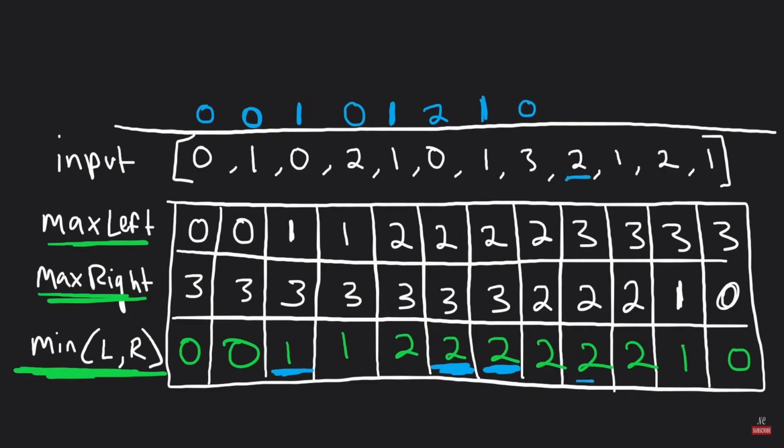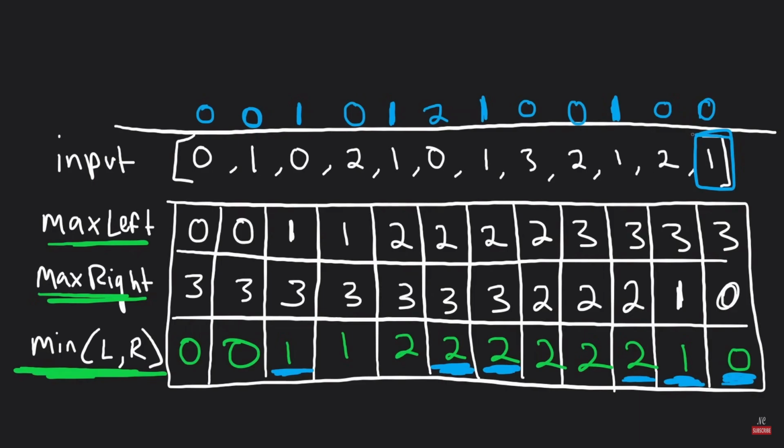This is going to be 2 minus 2. Again, 0 water that we can trap here. 2 minus 1, that's 1. So we can trap 1 unit of water here. Here we're going to get 1 minus 2. That's negative. Can't trap any water here. Here we have 0 minus 1. That's also negative, so can't trap any water here, and that makes sense.